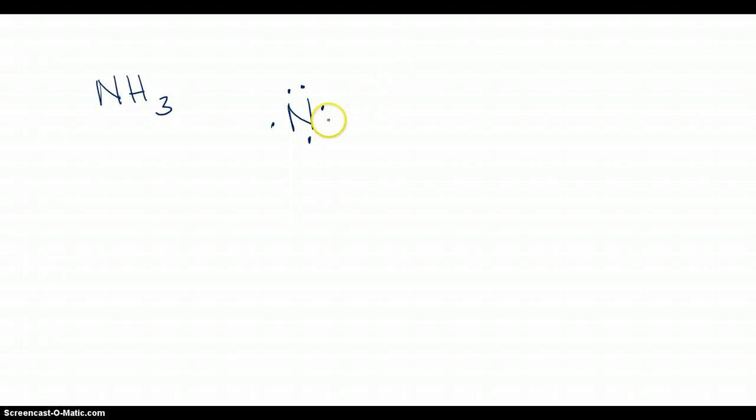So I'm going to bond the 3 hydrogens in their respective places. I have one lone pair over here, and so my structural formula should look like this. If I want to include my lone pair, I can put 2 dots here.